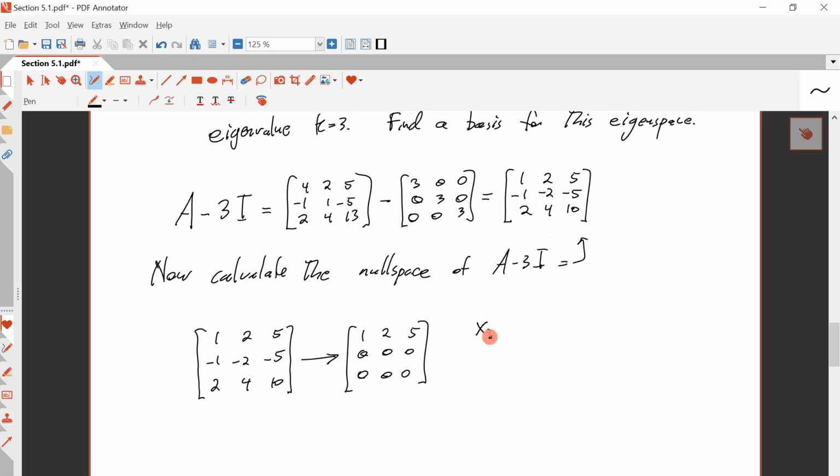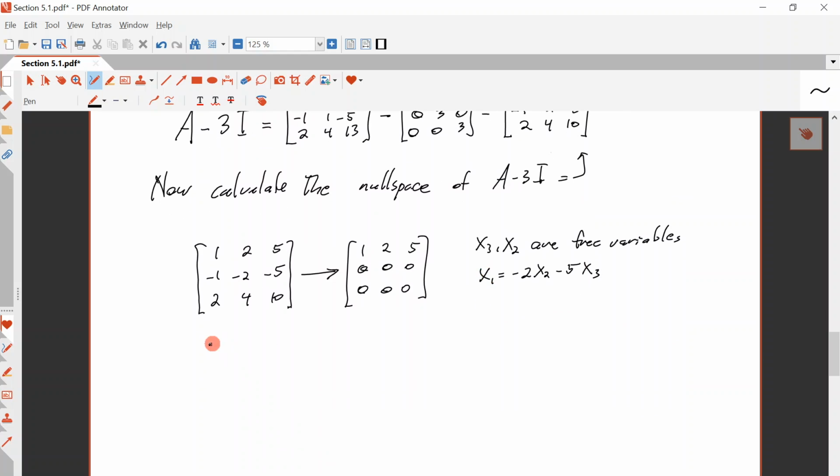So x3 and x2 are free variables, and x1 is equal to minus 2x2 minus 5x3. So x1, x2, x3 is equal to minus 2x2 minus 5x3, x2, x3.